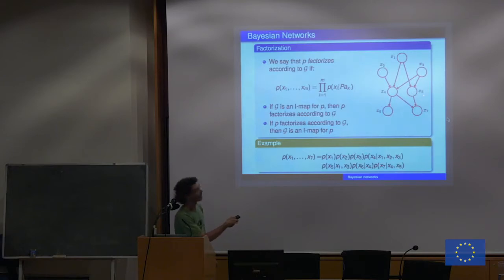Actually, in this case, you also have x7, because none of them is reached from x6 going down. We will see from the rules of independency, and I can come back to this example again, that if you see x4, x6 gets independent of all this part. I will show you with a very simple rule.